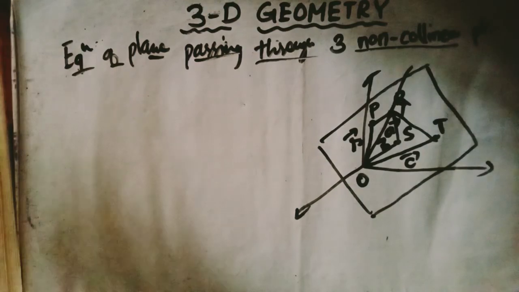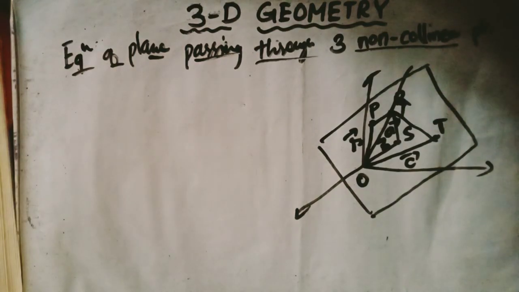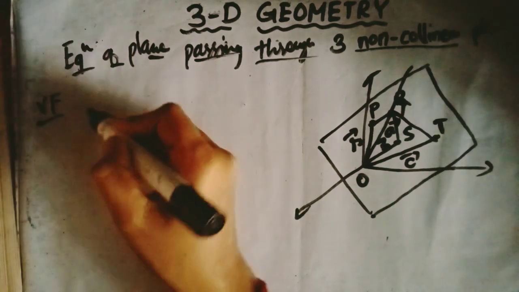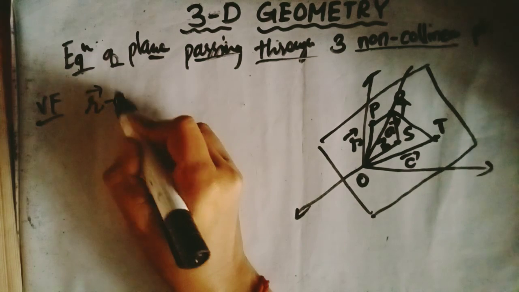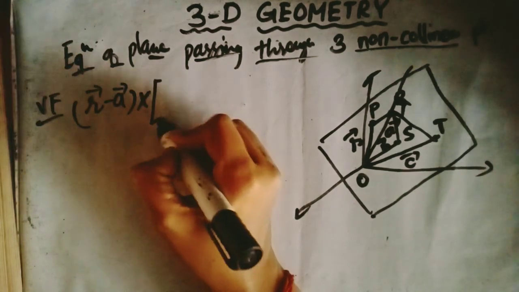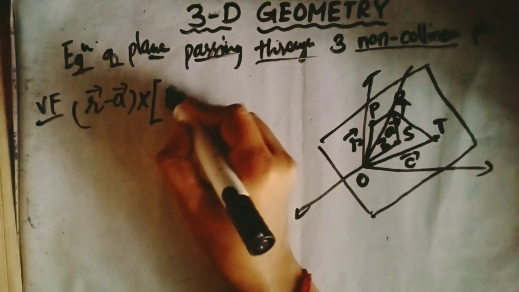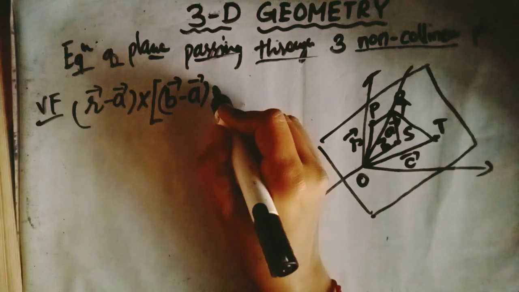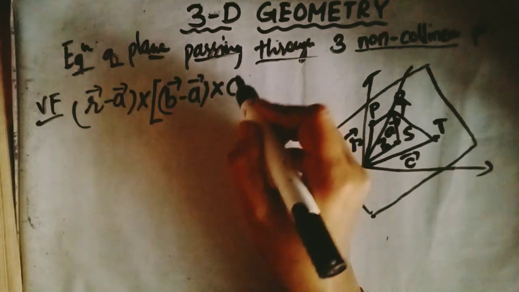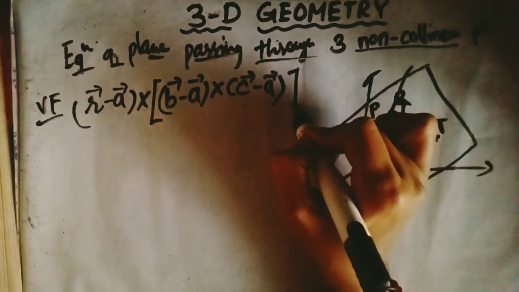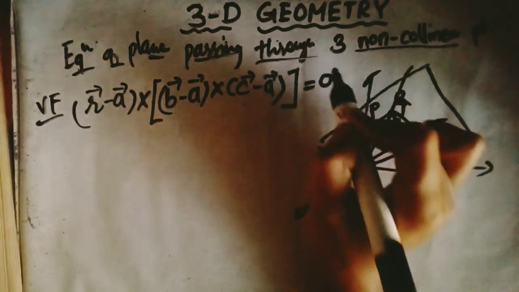And this is perpendicular. So the equation in vector form is given by (r - a) cross (b - a) cross (c - a) equal to 0.